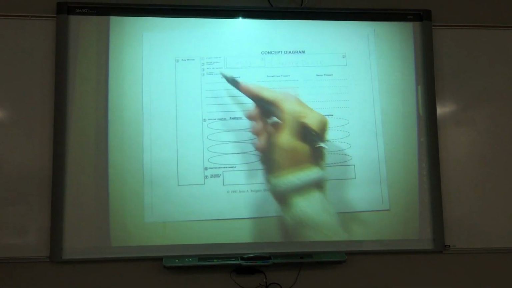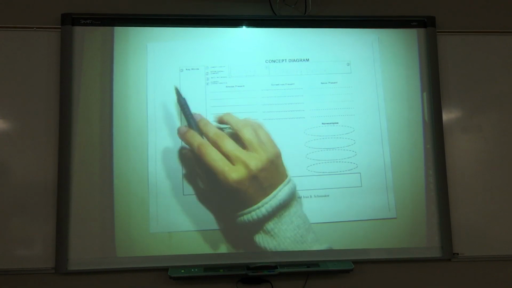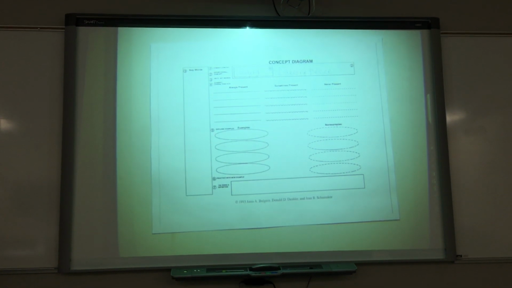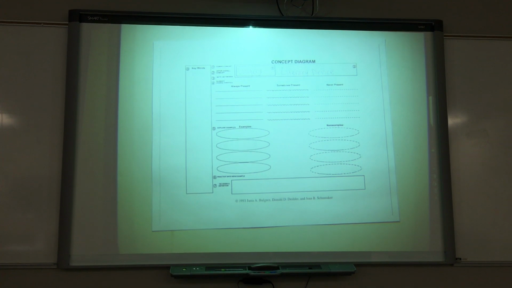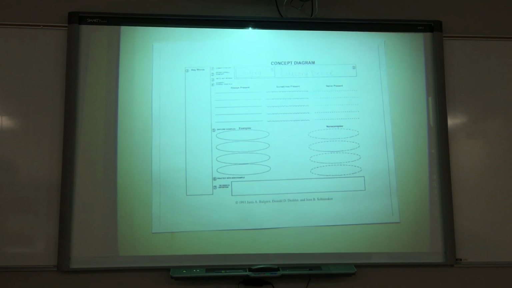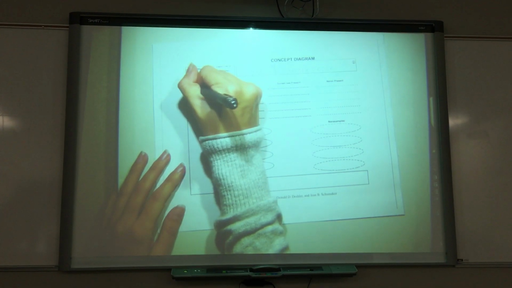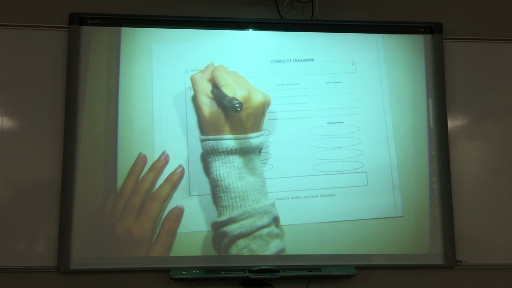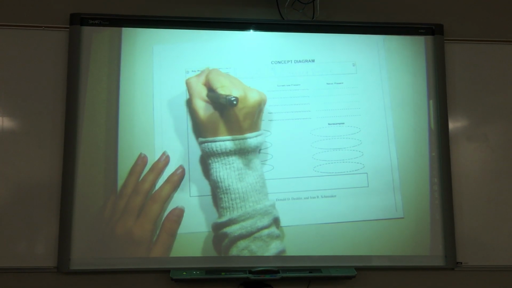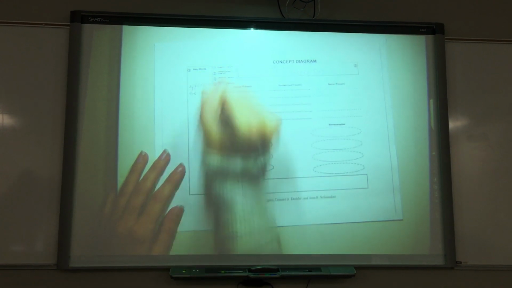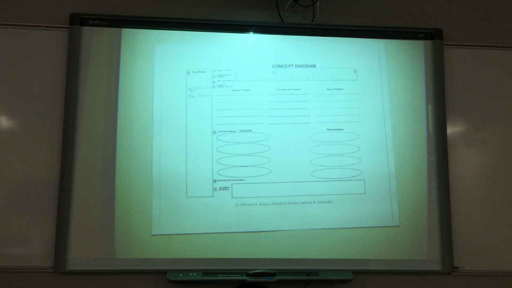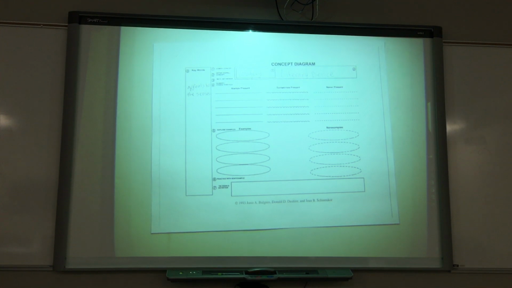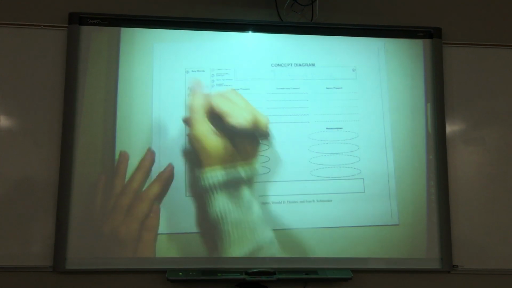All right, third, we have keywords. So we're going to fill some keywords in over here. Some keywords that we are going to use is using the 5 senses. So we're going to write appeals to the senses. Another one that we're going to use is it describes something.